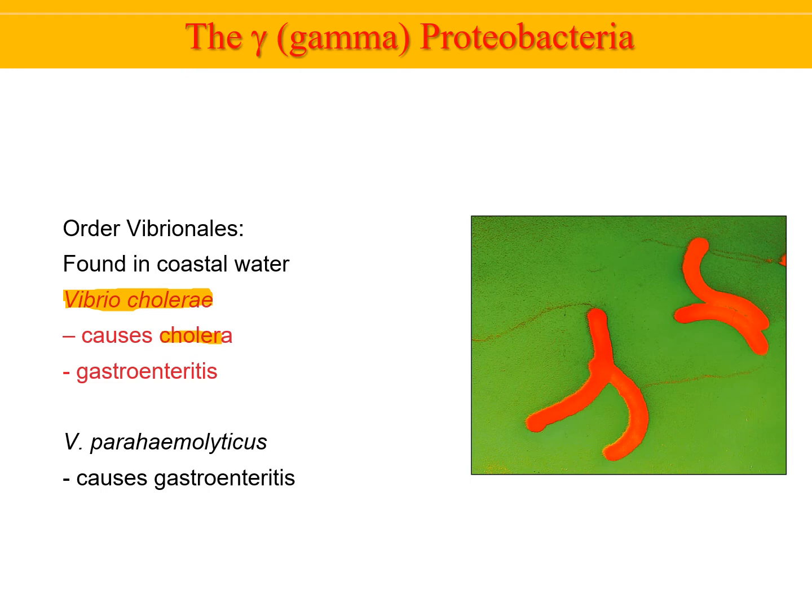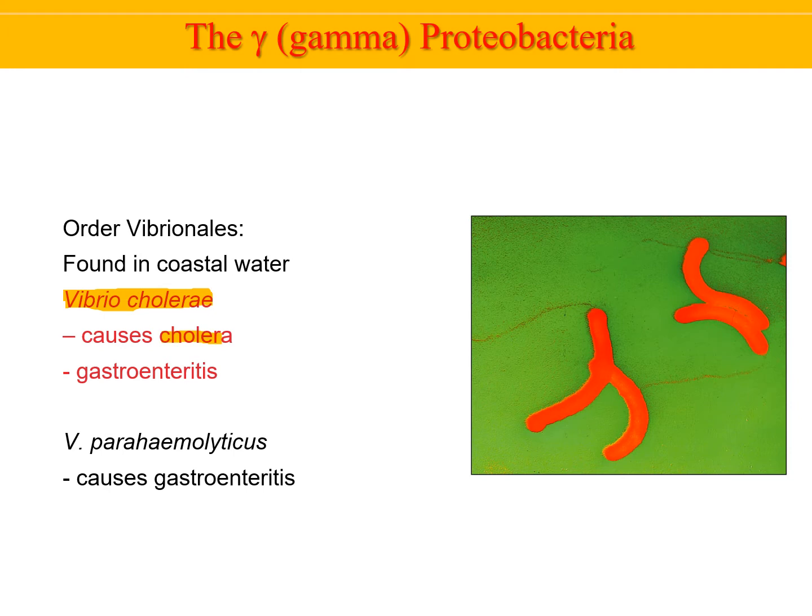Typically, outbreaks occur when there is flooding or some kind of natural disaster, earthquakes, things like that, where you get a disruption of the clean water supply, and people start drinking water that's been contaminated in some way.